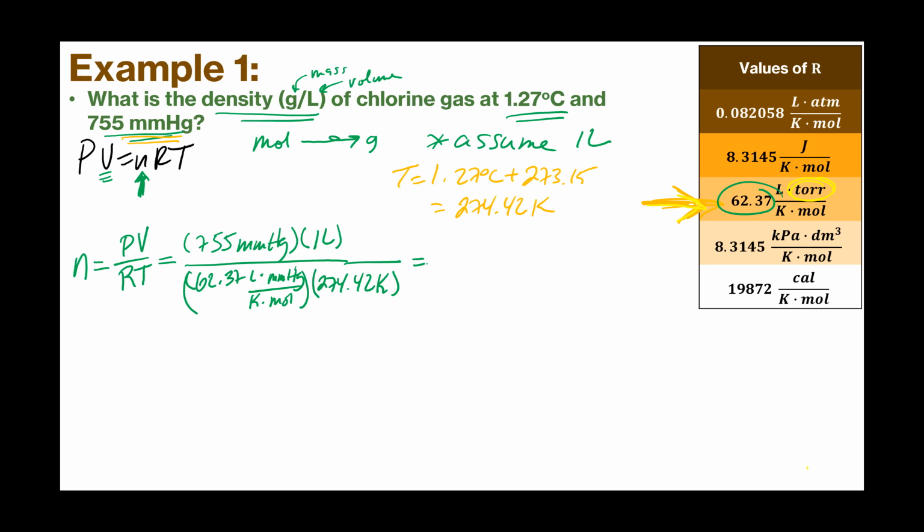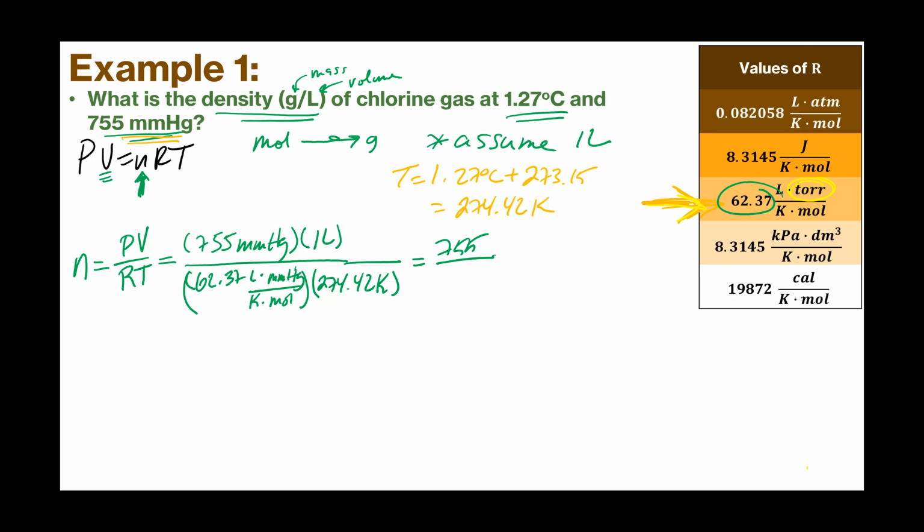So what we're going to say is this is 755 divided by 62.37 times 274.42. I have to do this on my calculator again because my notes are in atmospheres and I didn't feel like redoing my notes.